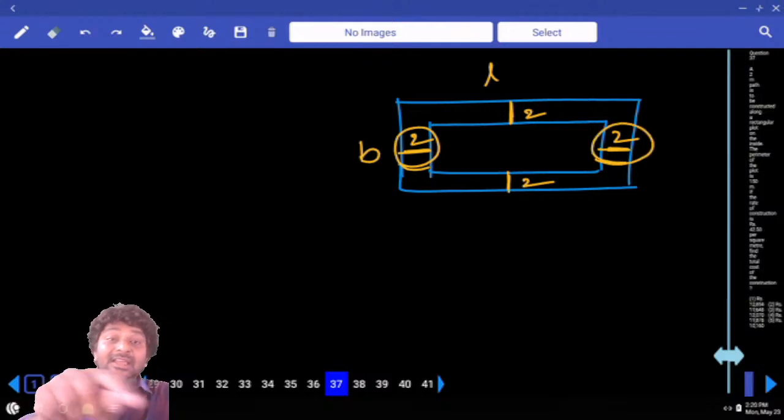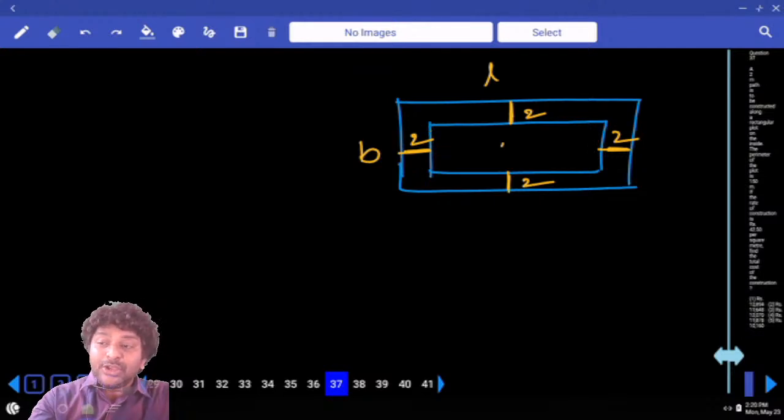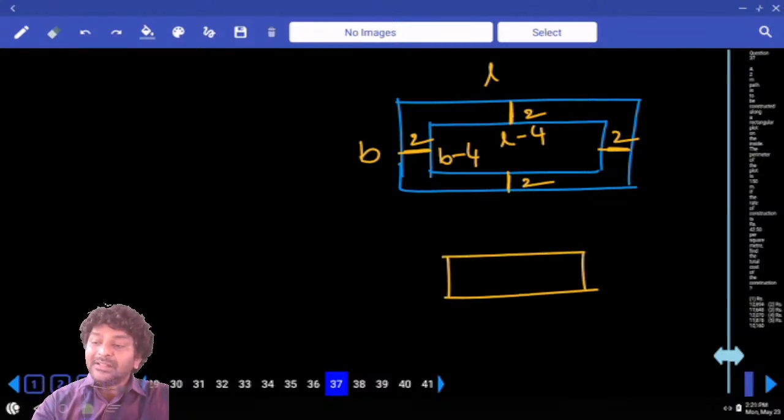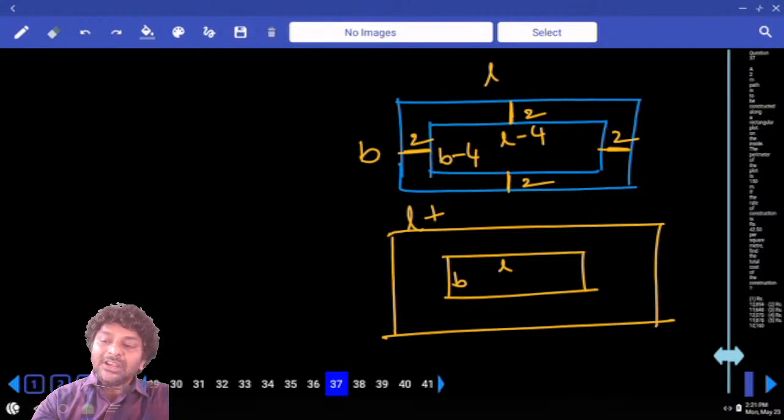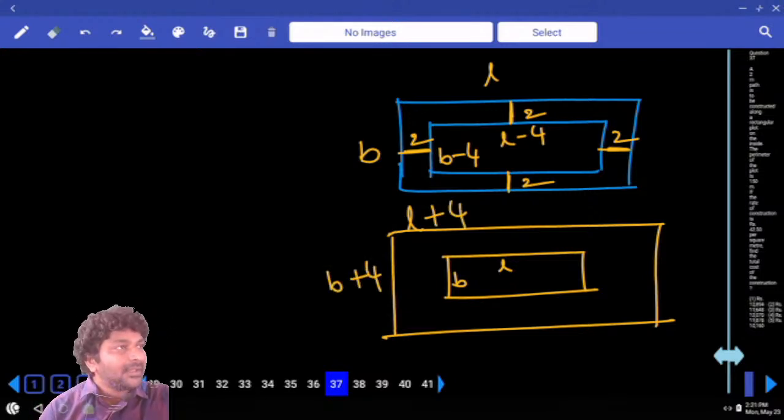Then the inner rectangle length is going to be L minus 4. And if the outer rectangle breadth is B, then the inner rectangle becomes B minus 4. If you know the length and breadth of the inner rectangle and want to calculate for the outer, then the outer becomes L plus 4 and B plus 4.